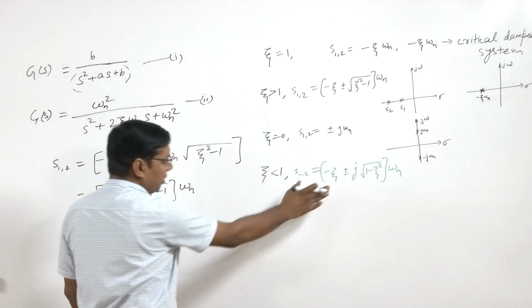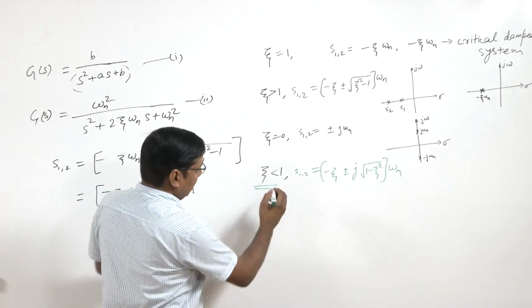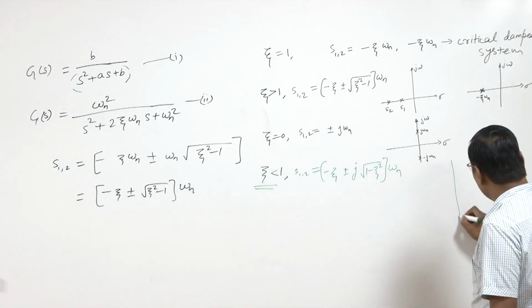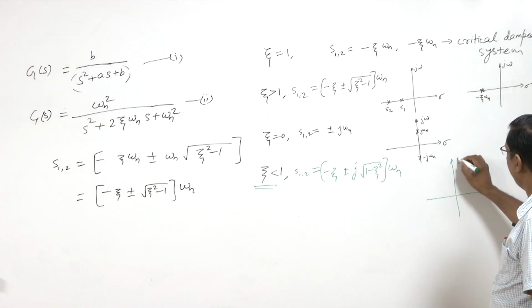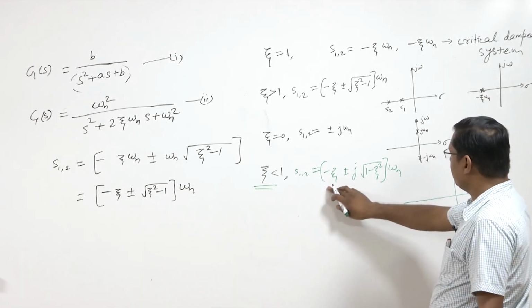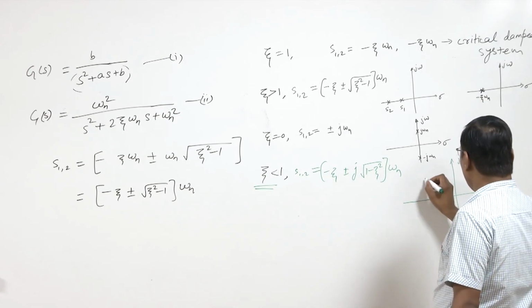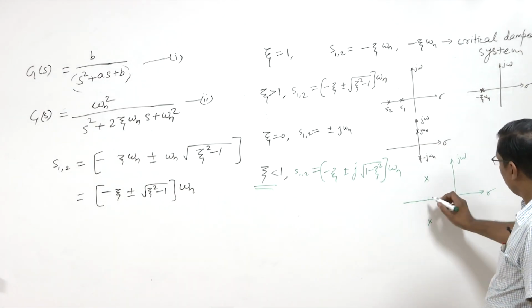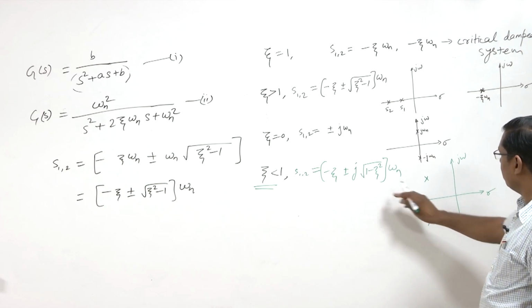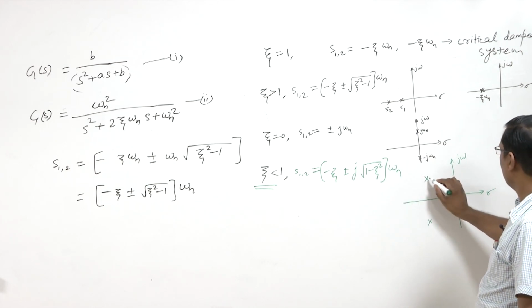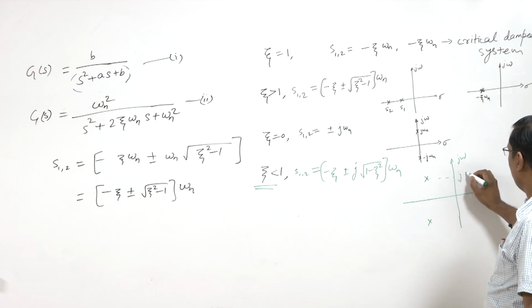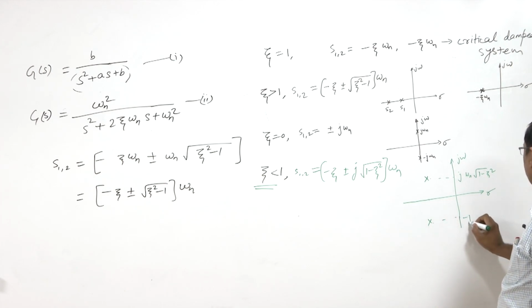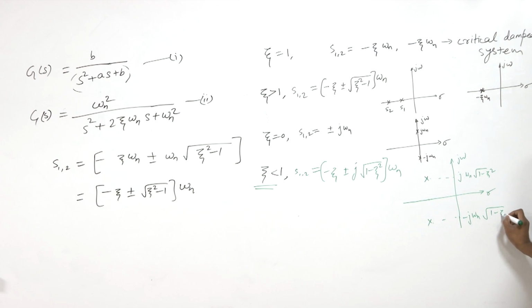So we see that when zeta is less than 1, these roots are a complex pair, and we can represent these roots as sigma plus j omega, where the constant term is minus zeta omega n, and we represent this on the S plane. So this is minus zeta omega n, and this is plus j omega n root 1 minus zeta square, and this is minus j omega n root 1 minus zeta square.